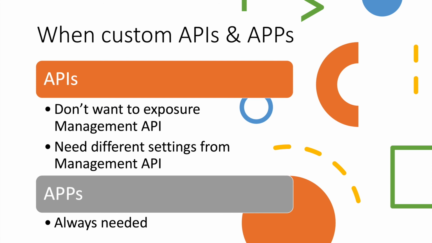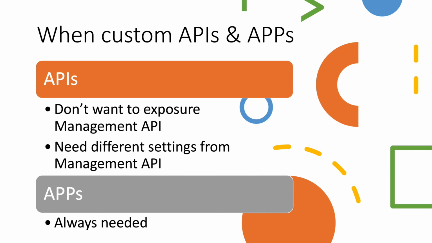For APIs, there are two reasons. First, because the management API can do everything on the dashboard and more, you will expose all the administrative operations to the outside. So if you don't want to expose everything to the public, you can customize an API.